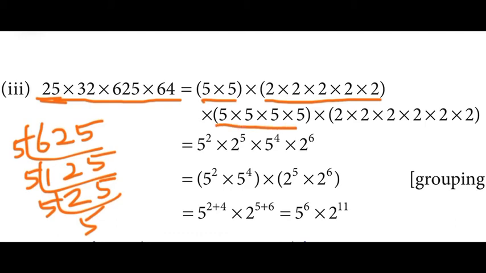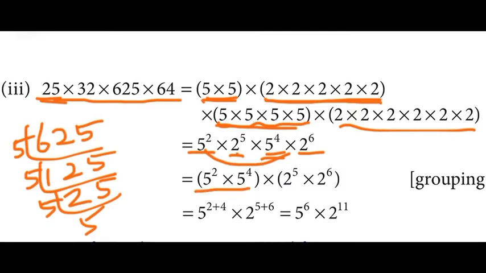Similarly, 64 in terms of 2. I write 5 into 5 as 5 square, and 2 into 2 into 2 into 2 into 2 as 2 power 5. Here it is 5 power 4 and here it is 2 power 6. Now I group the numbers with the same base: 5 square into 5 power 4, and 2 power 5 into 2 power 6.